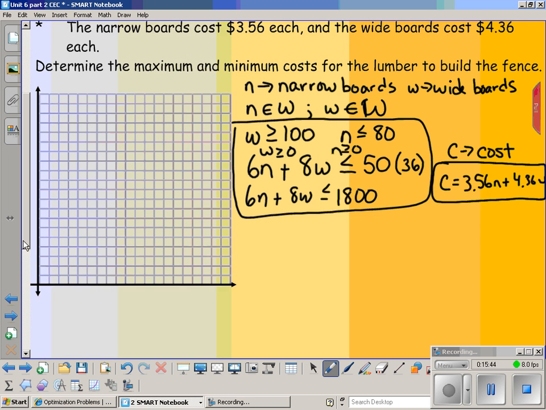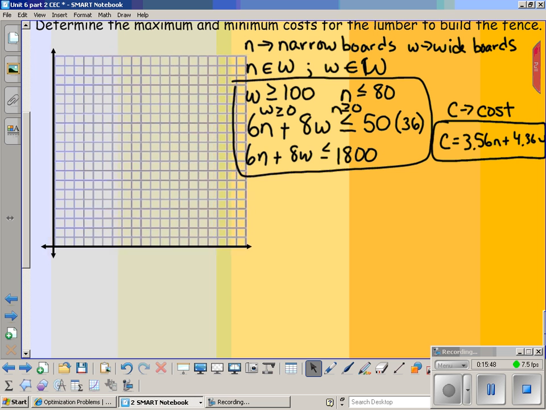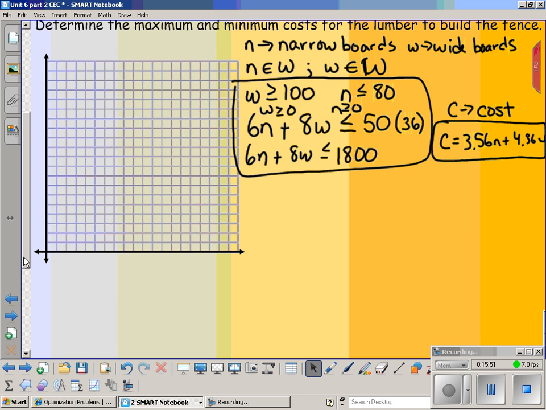So now we can graph. Again, you need to choose which variable you're going to put on which axes. So we'll put the narrow ones on the x and the wide ones on the y. And again, it wouldn't really matter what you chose to do.